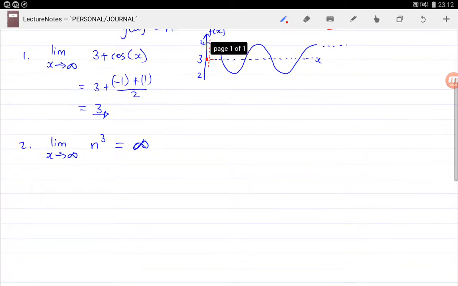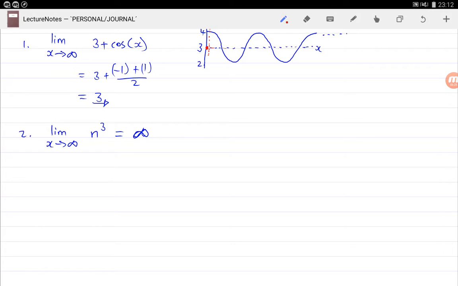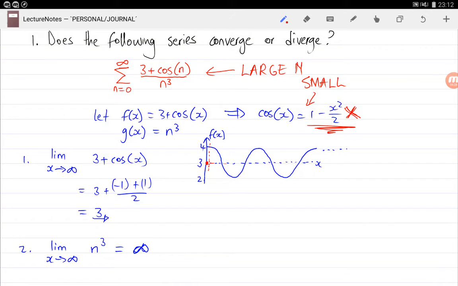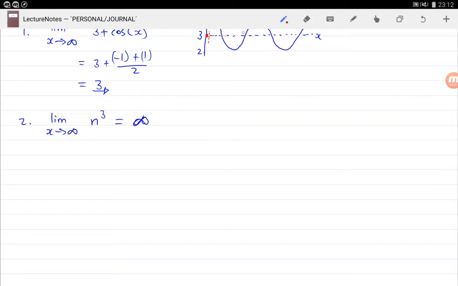So now we have our convergence. We can go back to our original function up here, and draw a conclusion. We'll say the limit as n approaches infinity of 3 plus cos n over n cubed is easily equal to 3 at the top and infinity at the bottom, and this is just 0.